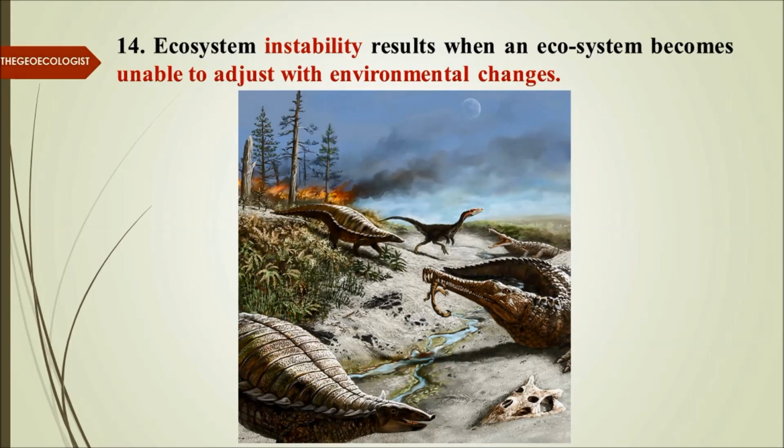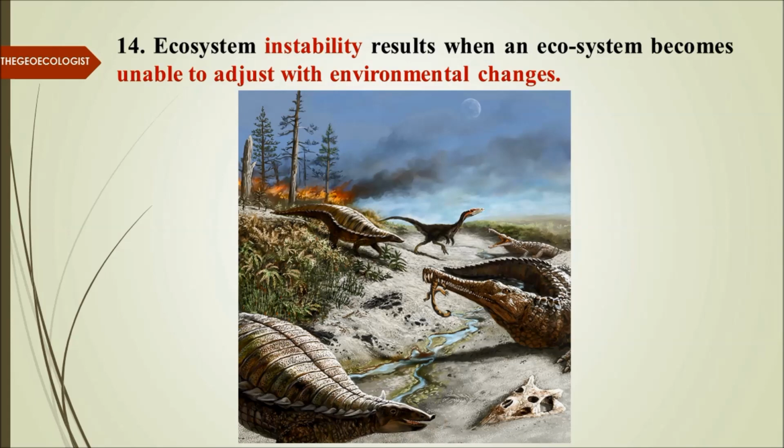Then, ecosystem instability. Now, why does this ecosystem become unstable? What is the reason? Because environmental changes are there. So sometimes it is natural trigger, natural environmental change, or external impact. Many times people start giving example of dinosaur went extinct. So what happened then? Environmental changes happened.